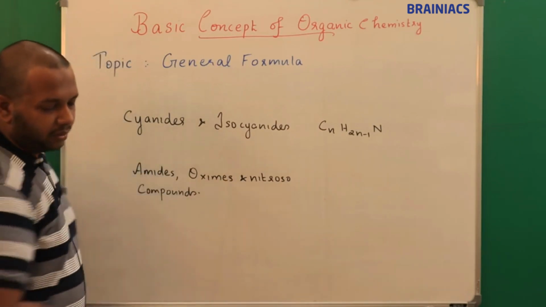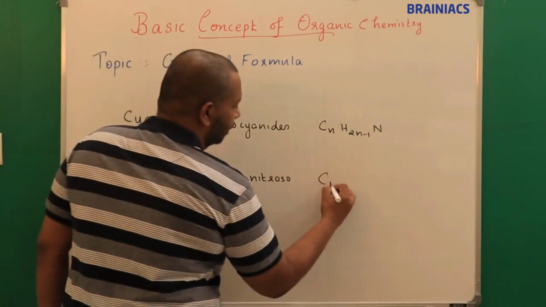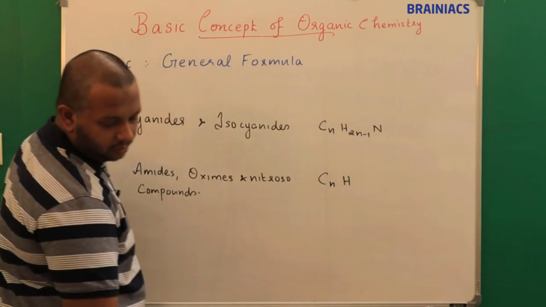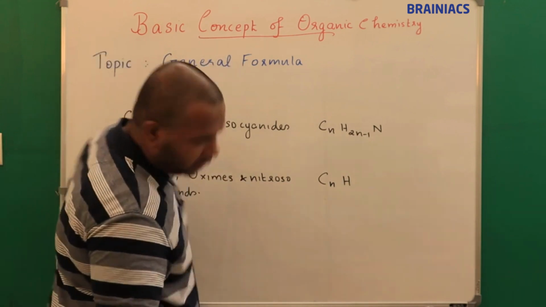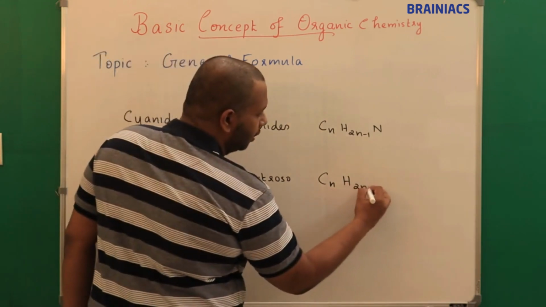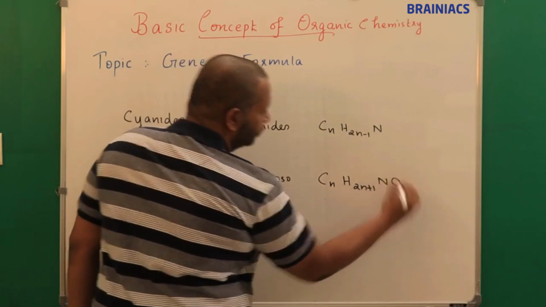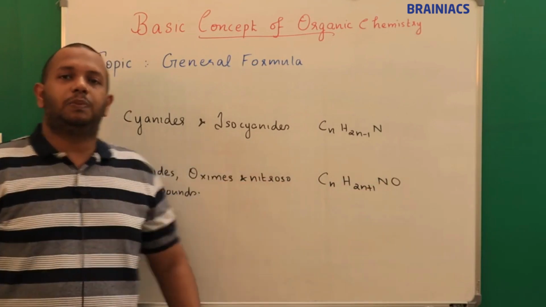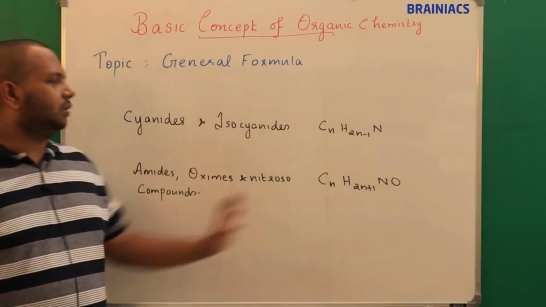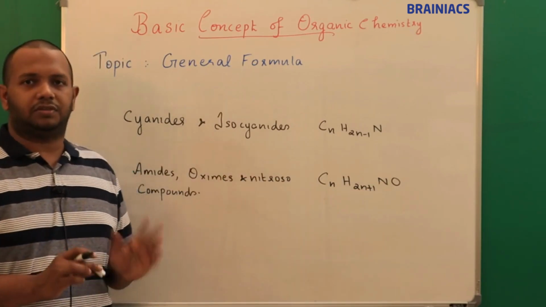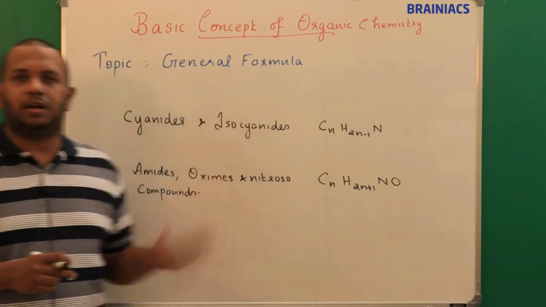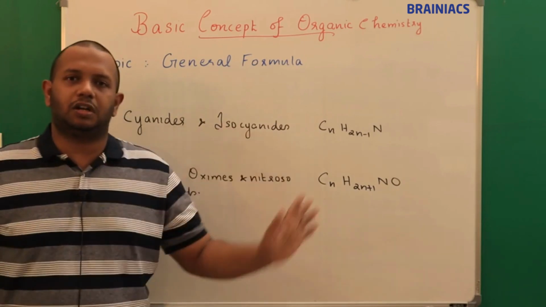For these compounds, the general formula is CnH2n+1NO. Please remember this, not very important, but you can think about it. That's it. So with this, I hope I have completed all the general formulas and homologous series. The first part is totally finished.